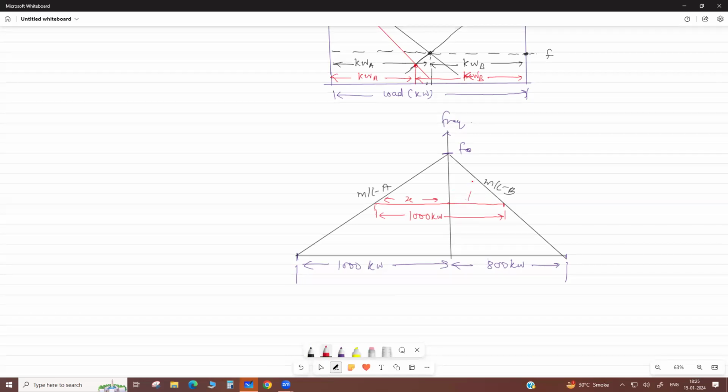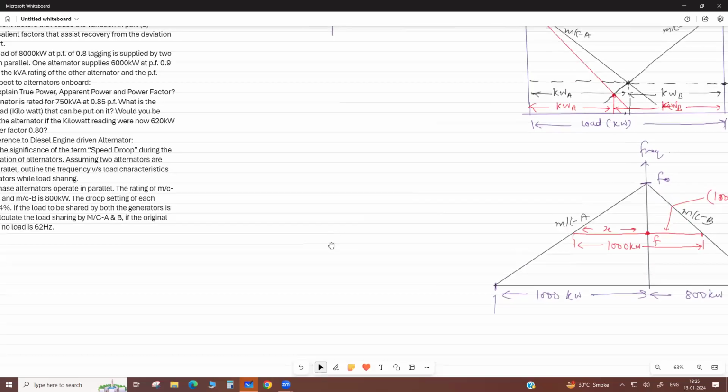And here, let us say the operating frequency is F. Now we ask what is the kilowatt load on A and B if 1000 is the total load. So this numerical we do.